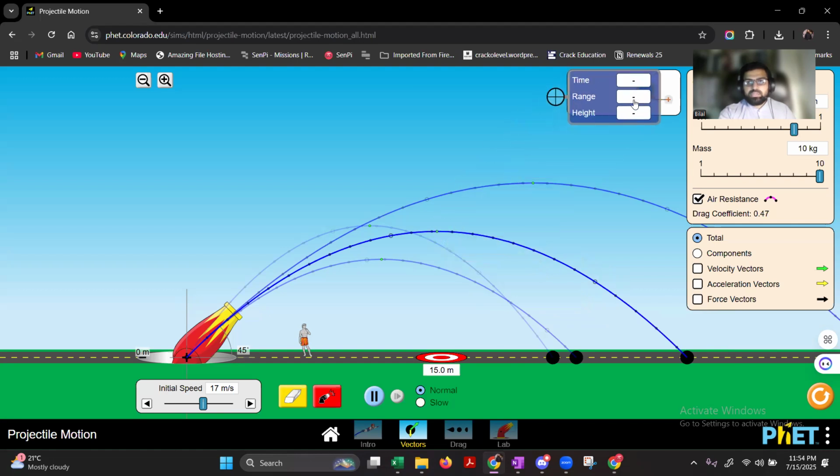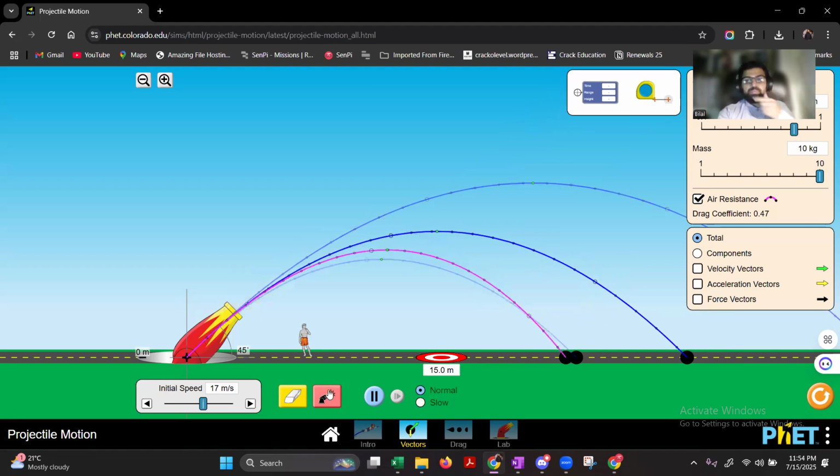7.36 meter. But now if you take into account the air resistance, you can see the range will decrease to 22 meter. Previously it was 29 meter. Height was 7.36 meter. Now it is 6.28 meter.